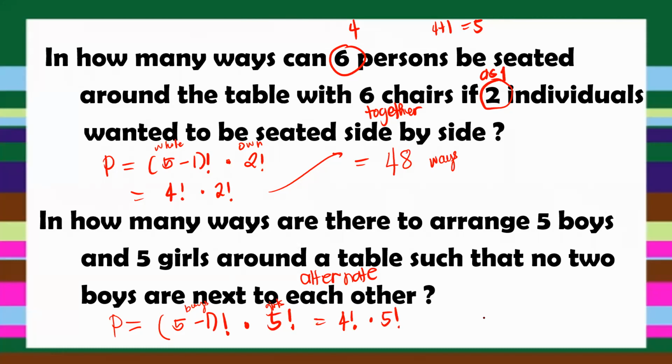So anong kinaibahan lang niya sa linear arrangement? Sa linear arrangement, hindi ka nagsasubtract ng 1. Kung ilan yung babae, ilan yung lalaki, as is. Pero dito, sa round table, sa circular permutation, we subtract 1 from each group. So what is 4 factorial? That's 24 times 120.